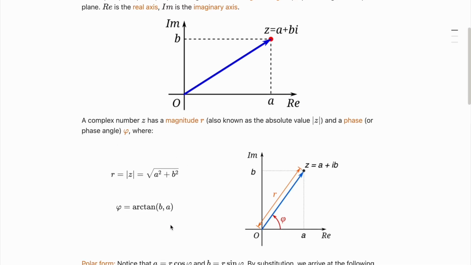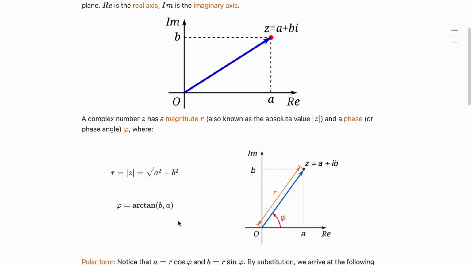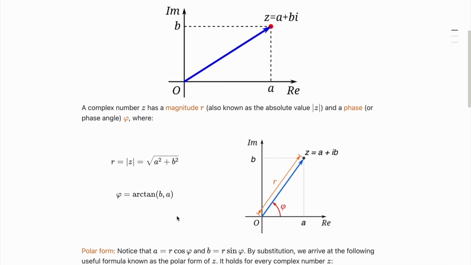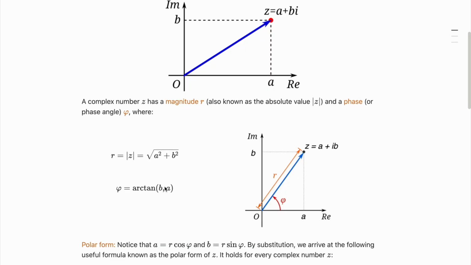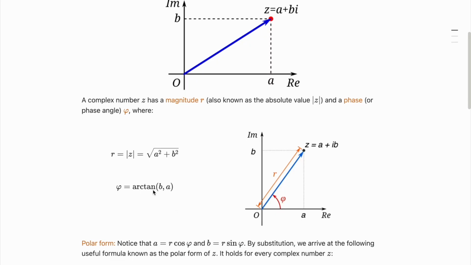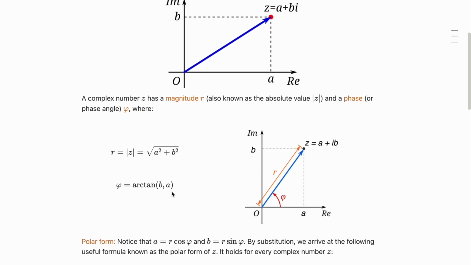So we have these two formulas, and basically we understand that any complex number z can be expressed in terms of its magnitude r and phase phi. But we can take it a step further.